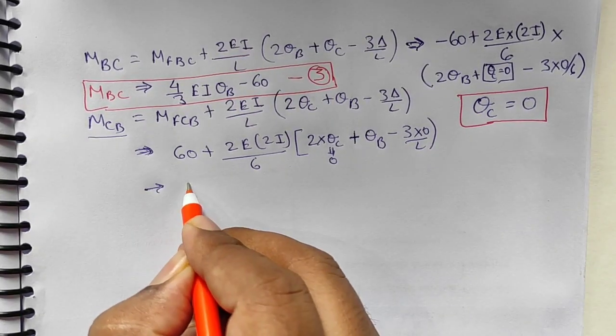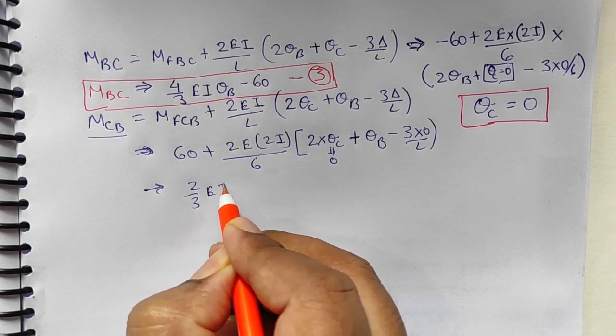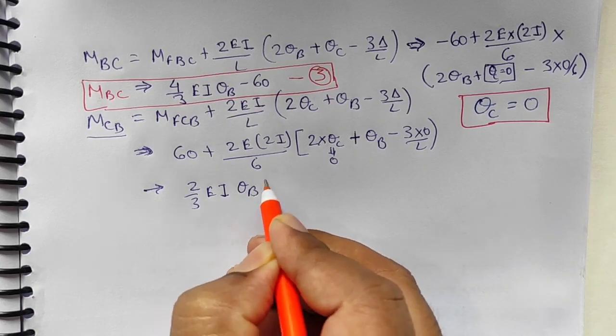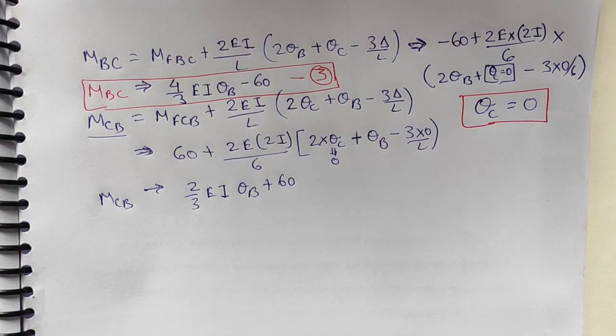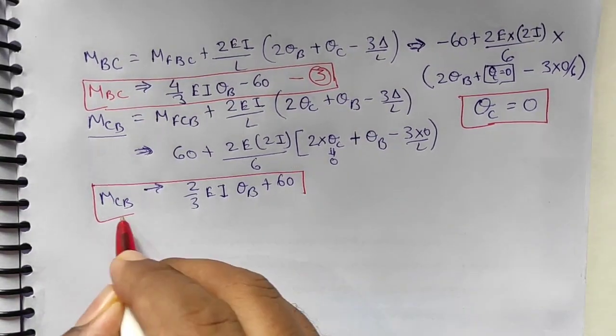Now after solving this equation I'll get 2 by 3 EI theta B plus 60, which is the value of MCB. Now I will label it as equation number 4.